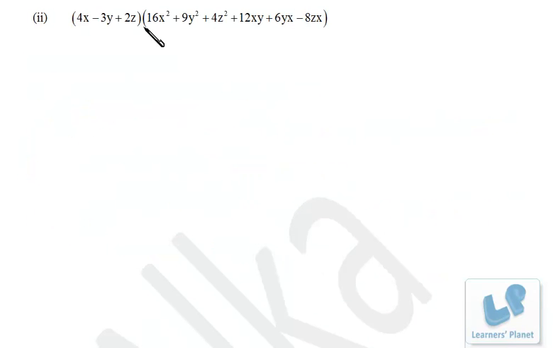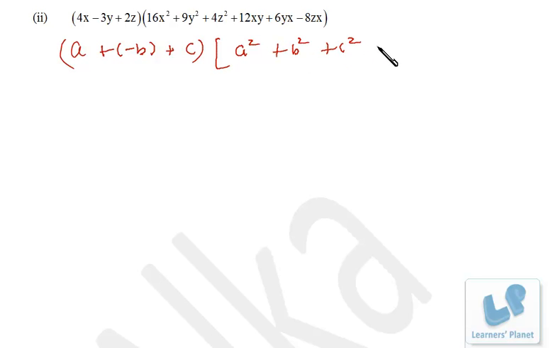Similarly, we see this question. Here this is a plus minus b plus c. This is a square plus b square plus c square minus a into minus b, I'm sorry, minus b into c, that is minus of minus b into c, then minus ac, right?